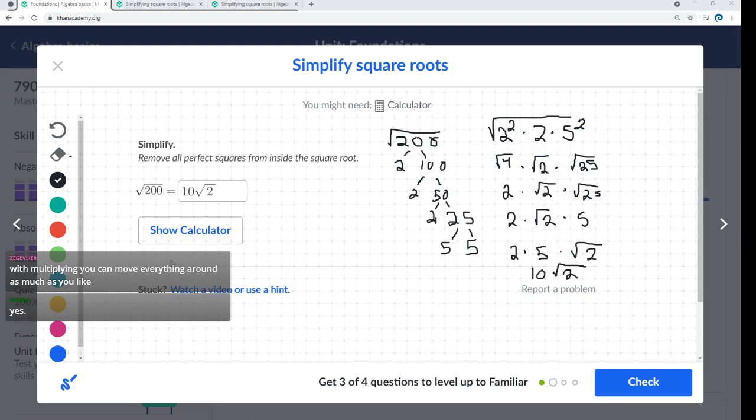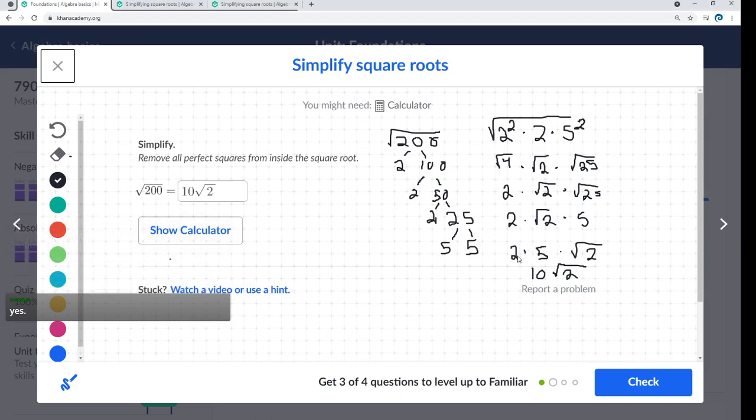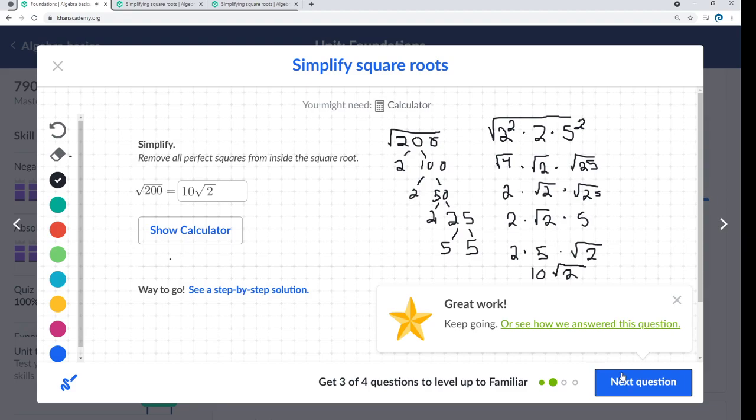Okay, so with multiplying, I can move it around as much as I want. Right, obviously. Because 5 times 2 is the same as 2 times 5, right? Oh, we did it!